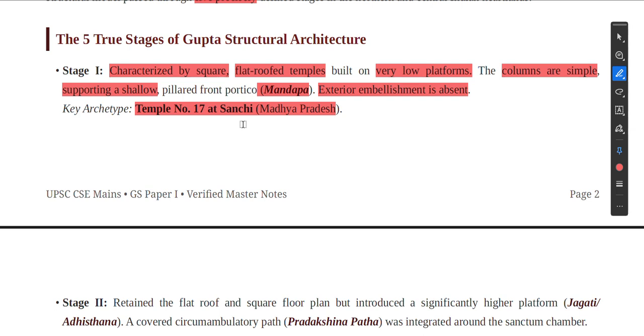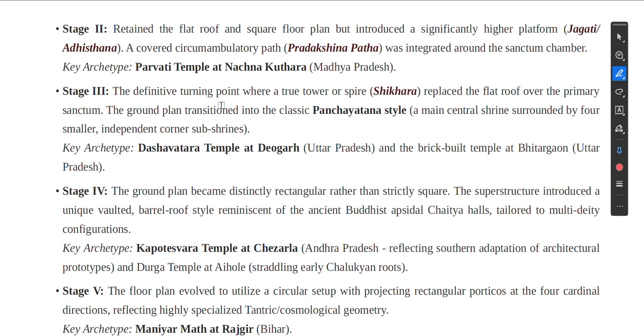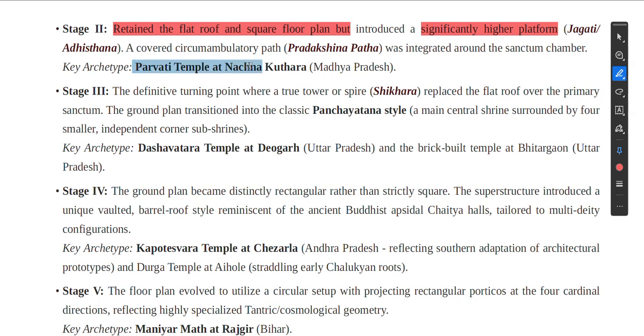Now talking about the second stage, it retained a flat roof and square floor, but introduced a significantly higher platform, the Jagati or Adhisthana. A covered circumambulatory path, the Pradakshina Patha, was integrated around the sanctum chamber. Key archetype: Parvati temple at Nachna Kuthara, Madhya Pradesh.